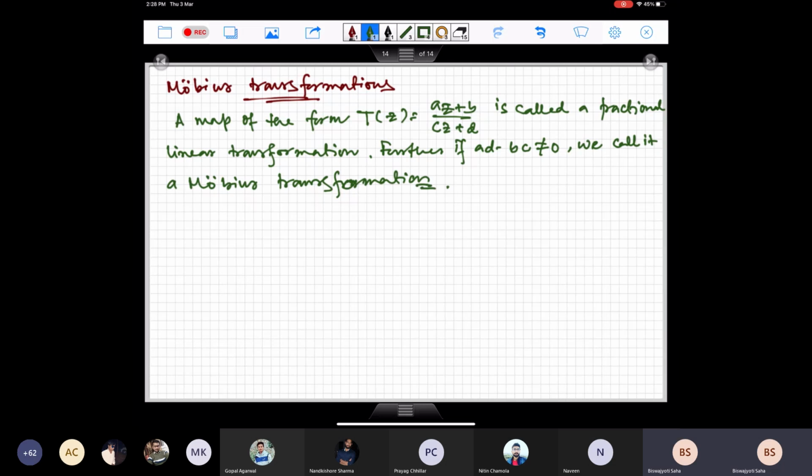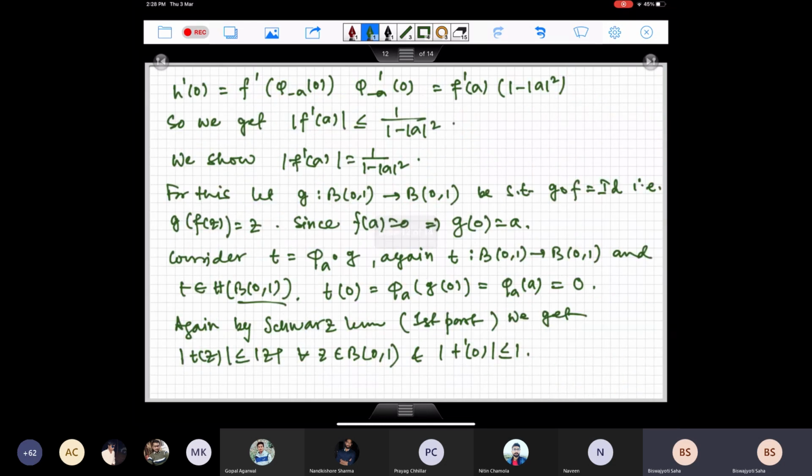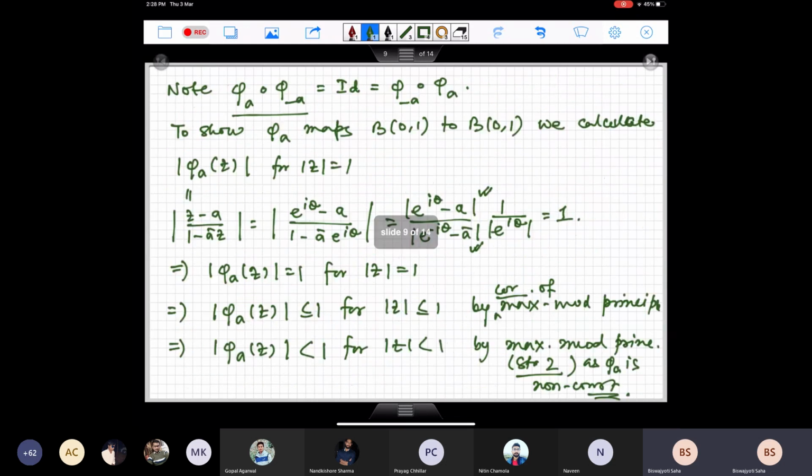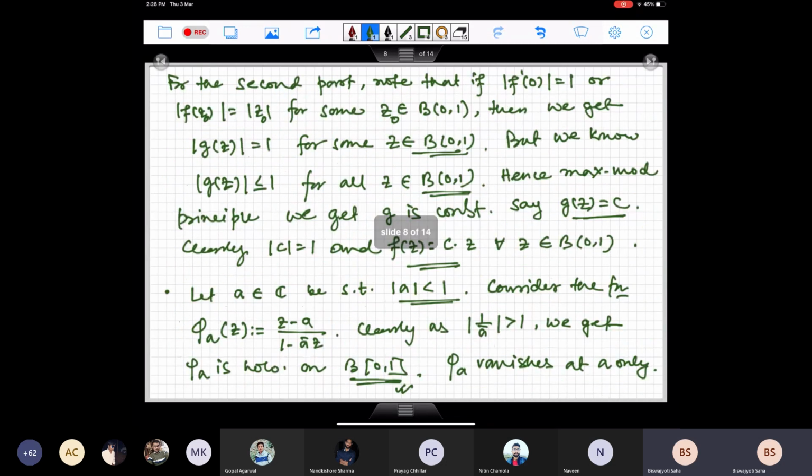Okay, so a Mobius transformation is something of the form (az plus b) divided by (cz plus d), where ad minus bc is not equal to 0. So let us go back to phi of a. Phi of a was (z minus a) divided by (1 minus a bar z). So ad minus bc is what here?